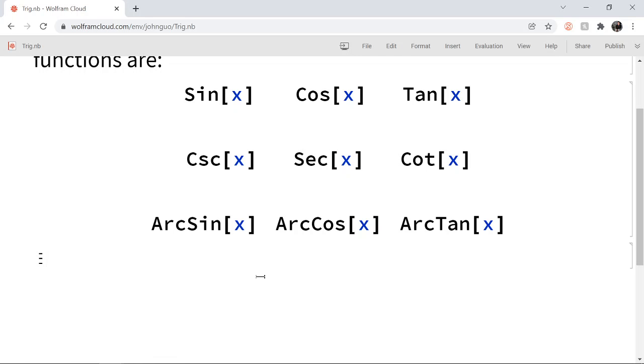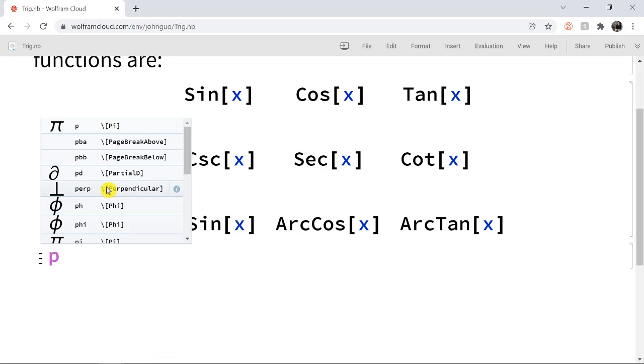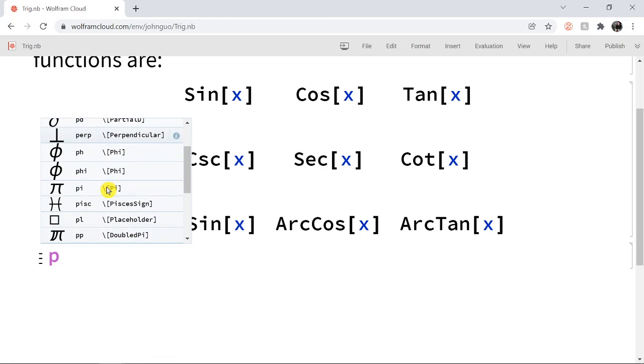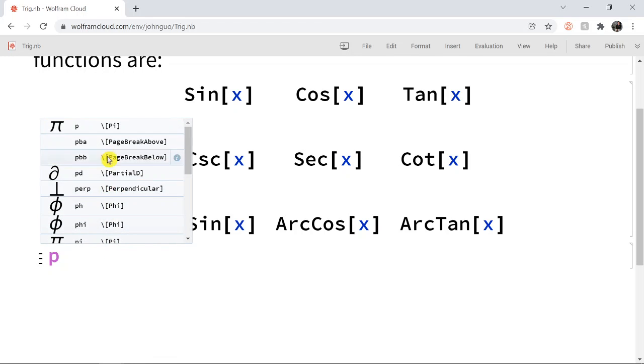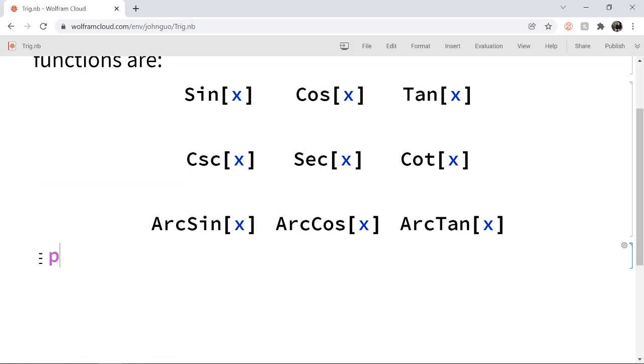If I follow that up with the character p, I get a list of all the different special characters Mathematica can enter that start with the letter P. At the very top of this list, pi is associated with P. If I end my special characters list by pressing escape again, I will get the pi character. So if I press escape, P, escape, I will get the pi character in Mathematica.